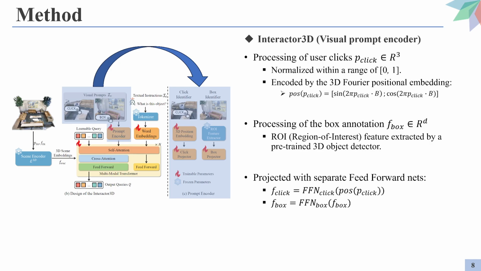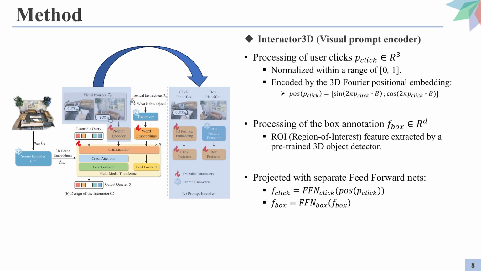Next is a visual prompt encoder, which processes the visual interactions. As mentioned earlier, there are two types of interactions, clicks and bounding boxes. A click is generated when the user selects a point in the scene. Its XYZ coordinates are normalized to a range between 0 and 1 based on the scene's size, and then passed through a 3D Fourier positional embedding function.